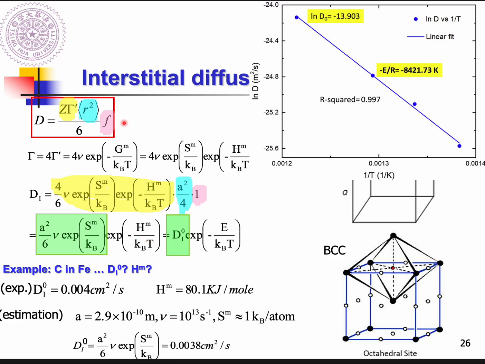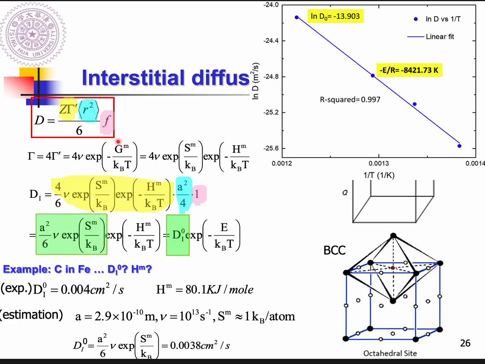So this is the diffusivity of interstitials. This is regarding the diffusivity of the interstitials, right? And how we get these results is actually based on the equation we derived in the first section.